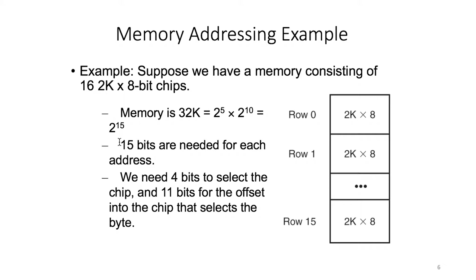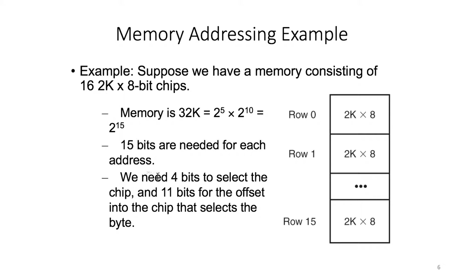With that calculation, we can see that the number of bits required to represent the address of memory is going to be 15 bits, right? Because 2 to the power 15 corresponds to the capacity of the memory, so we need 15 bits in order to represent every location of the memory. Also, we have 16 RAM chips right there.